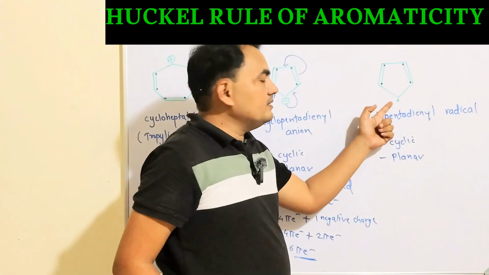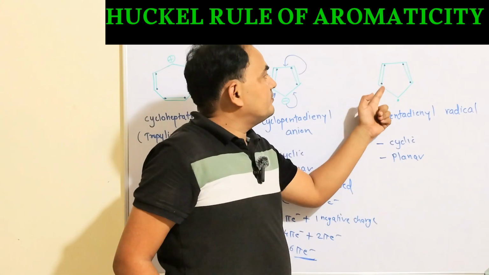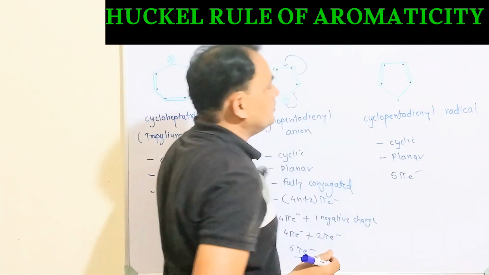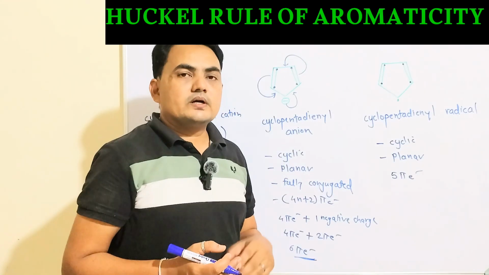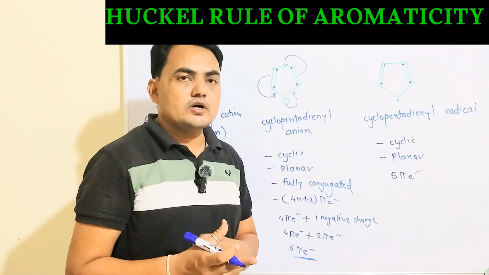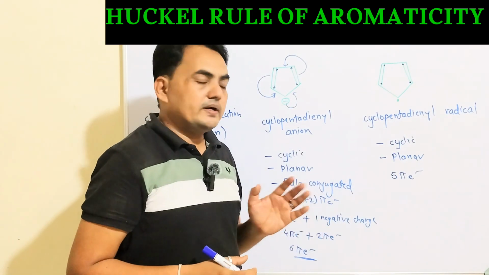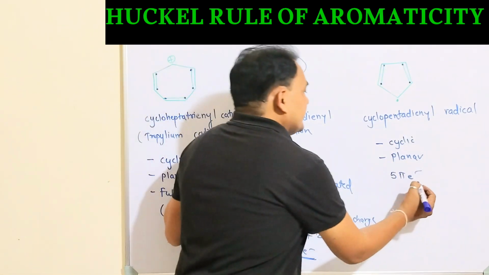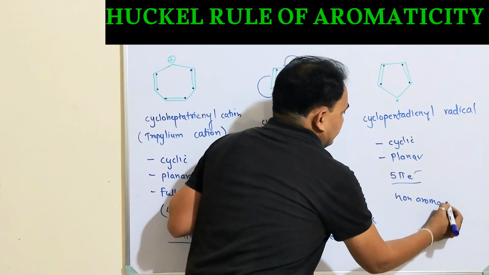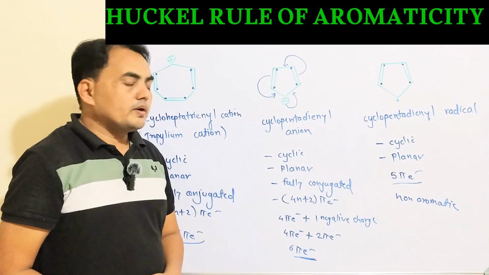Radical means single electron, so 1, 2, 3, 4, and 5 electrons. 5 pi electrons are there. According to Huckel rule, the compound should consist of 2, 6, 10, or 14 pi electrons to be called an aromatic compound. But here there are 5 pi electrons. That's why this is a non-aromatic compound.